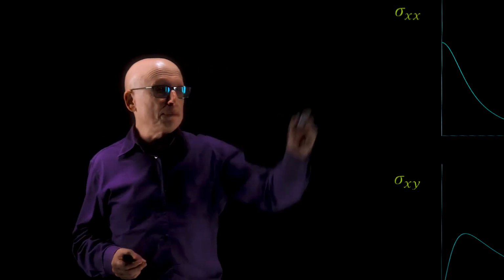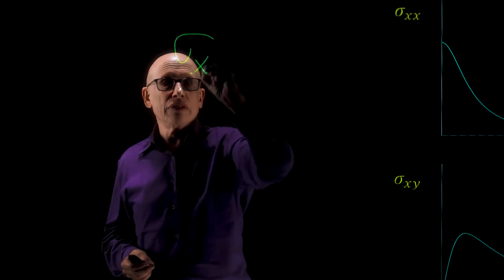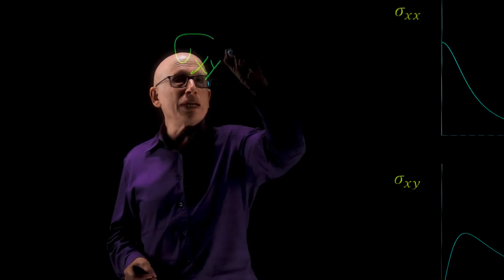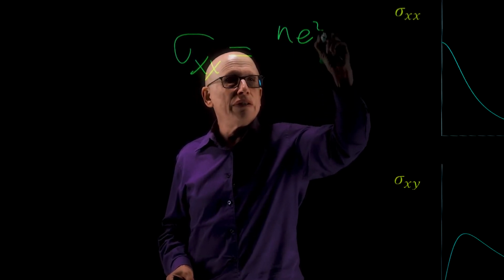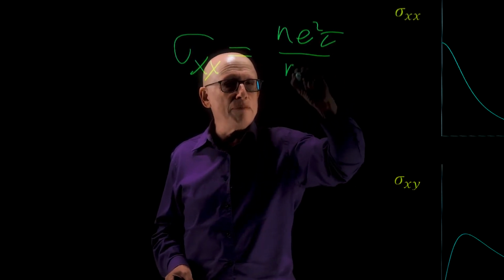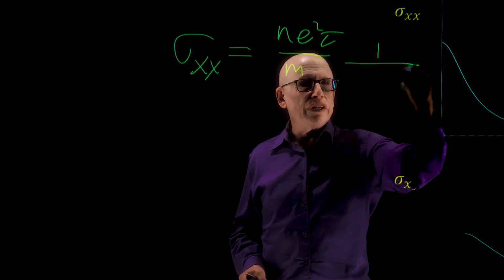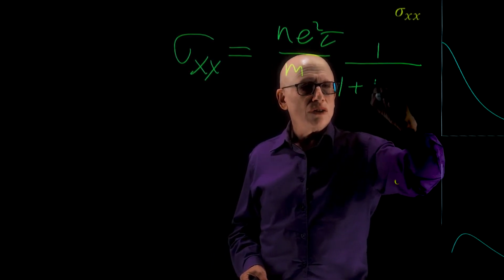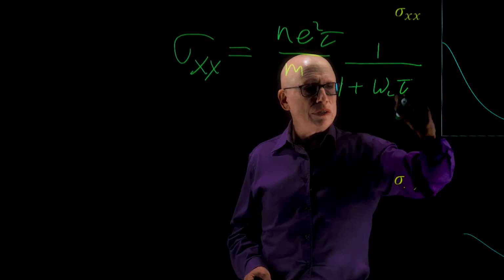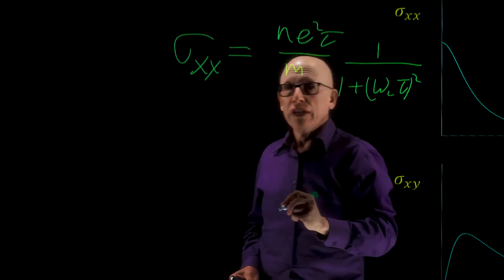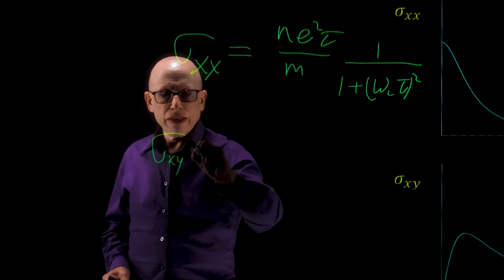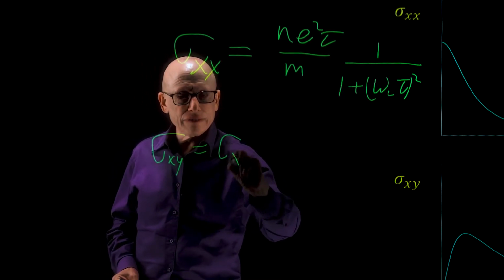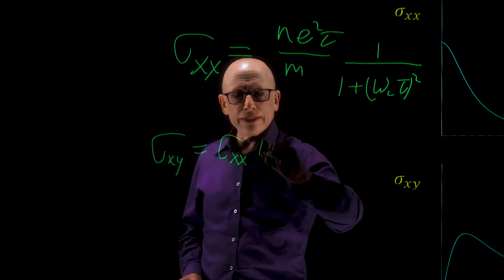Well, we know two expressions for sigma xx and for sigma xy. Sigma xx in Drude theory is n e squared tau over m times 1 over 1 plus omega c tau squared, while sigma xy is sigma xx times omega c tau.